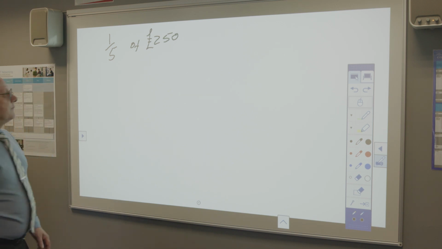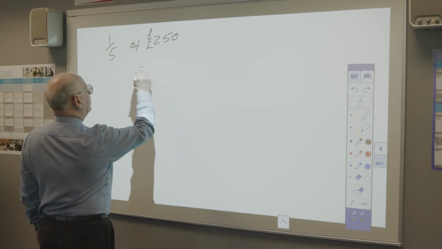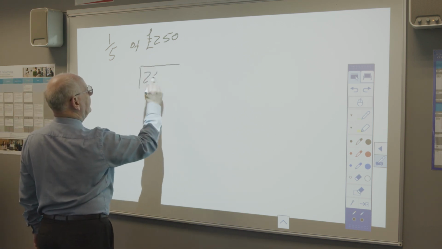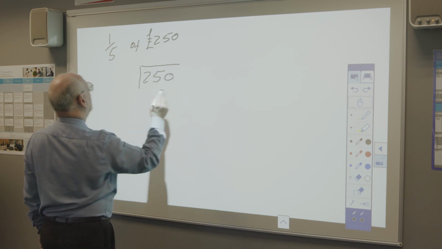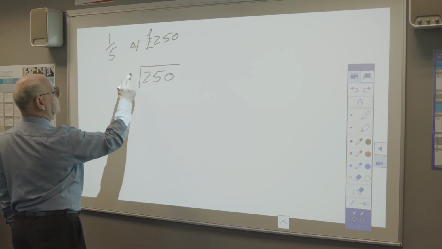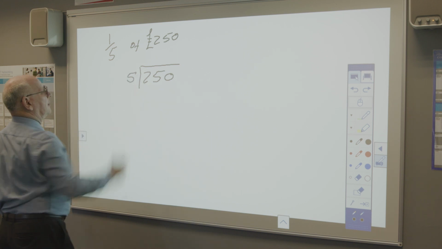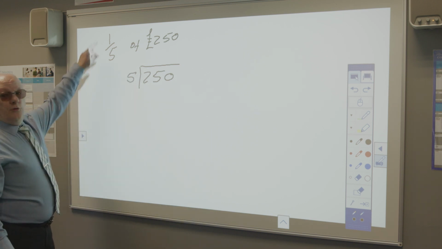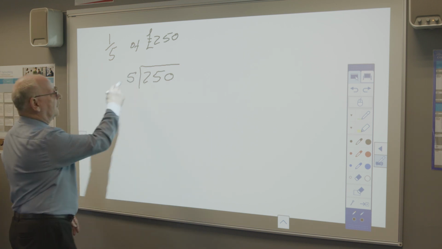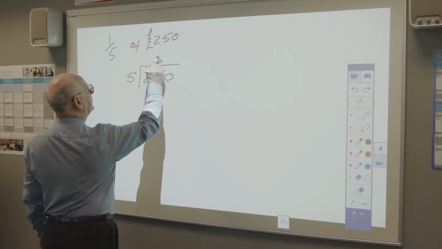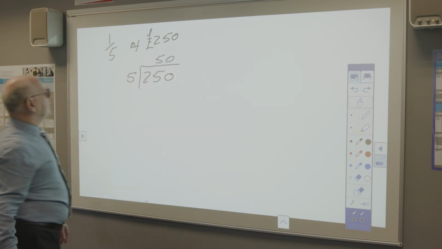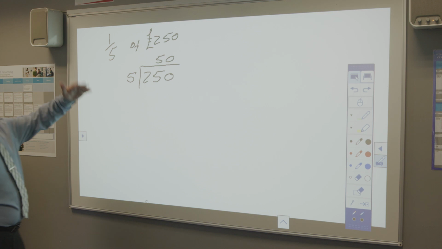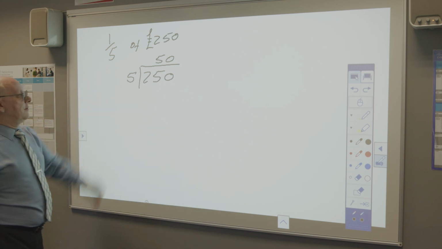How would you do that? You divide the amount, 250, by the bottom number of the fraction. And that will give you 1/5. So 5 into 25 is 5, and that's it. So 1/5 of £250 is £50.